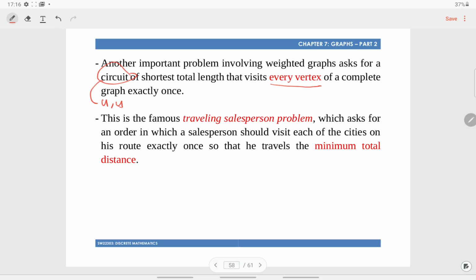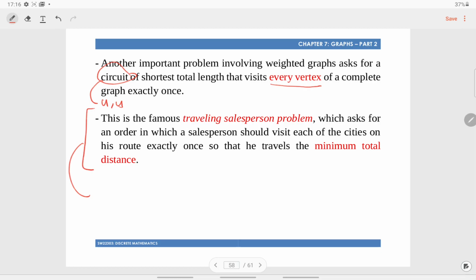This is the famous traveling salesperson problem, which asks for an order in which a salesperson should visit each of the cities on his route exactly once, so that he travels the minimum total distance.